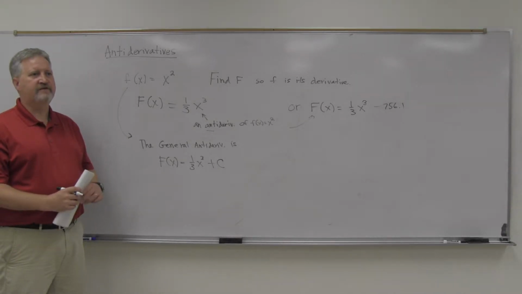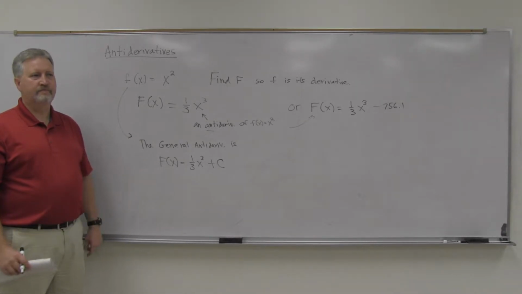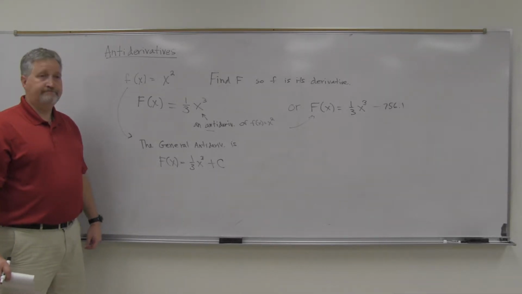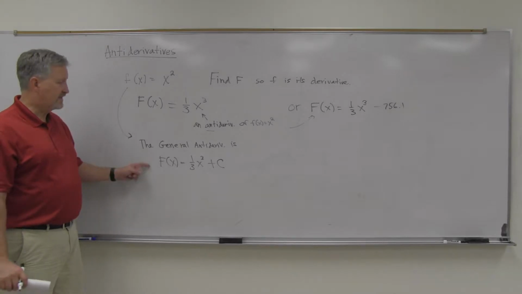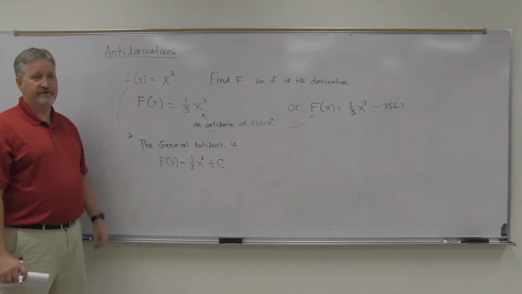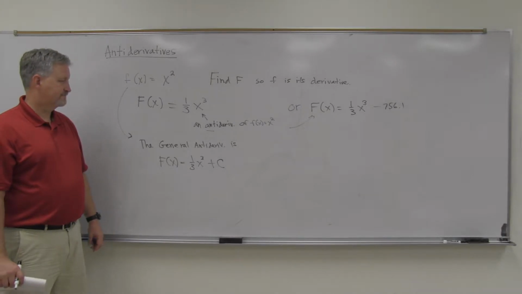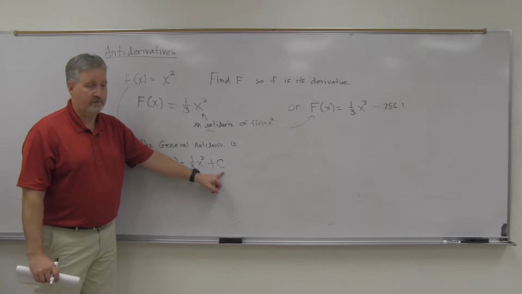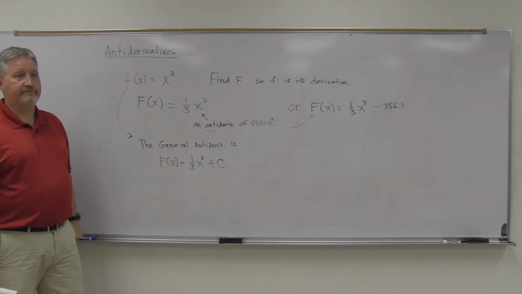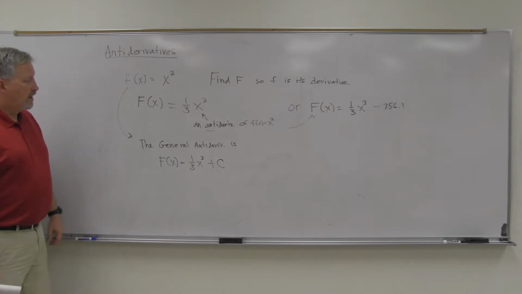C for constant, it's usually capital C that they use. That is the general antiderivative of this particular function. Because we can put any constant we want here, the derivative is still going to be x squared. So that's what we're saying.